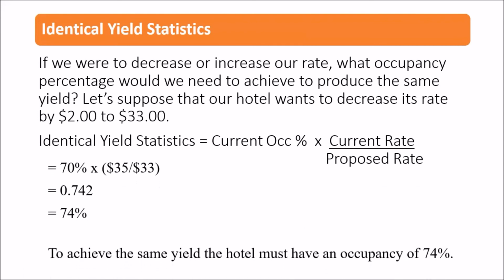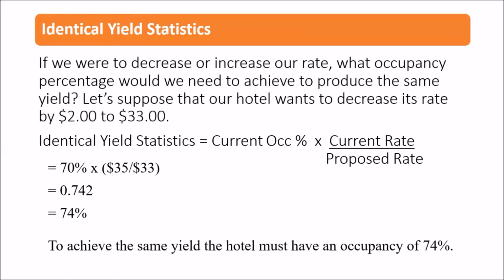As per the scenario, the actual average rate is $35. If we give a discount of $2, the proposed rate would be $33. The formula for identical yield statistic is equal to current occupancy percentage multiplied by current rate upon proposed rate.